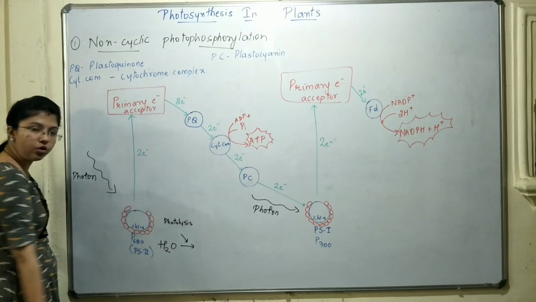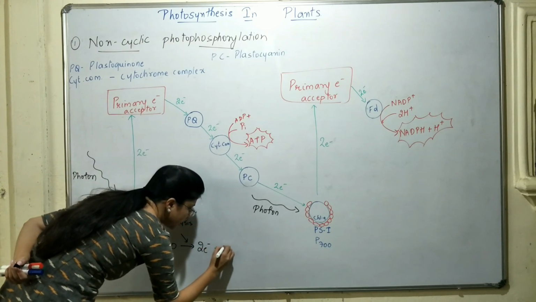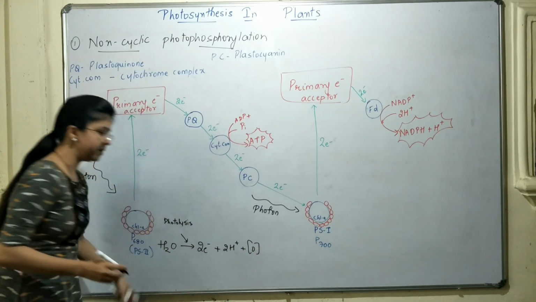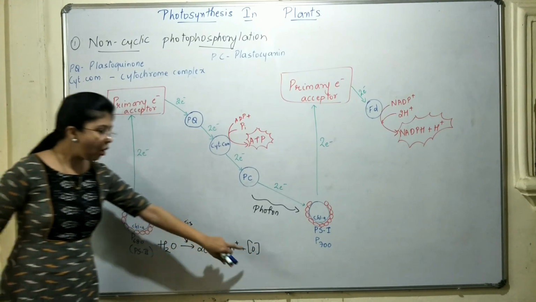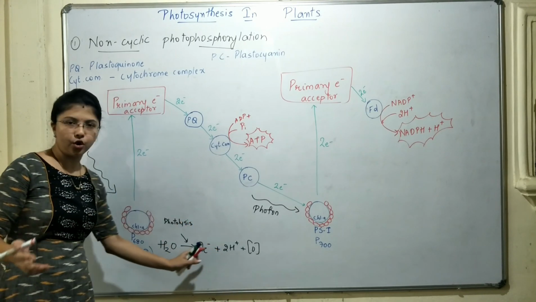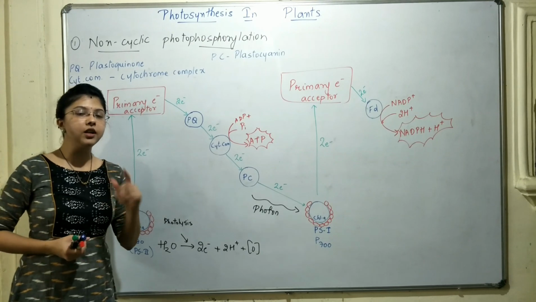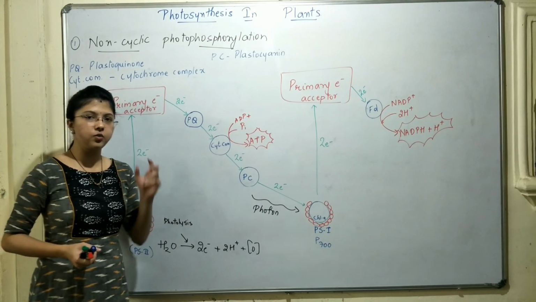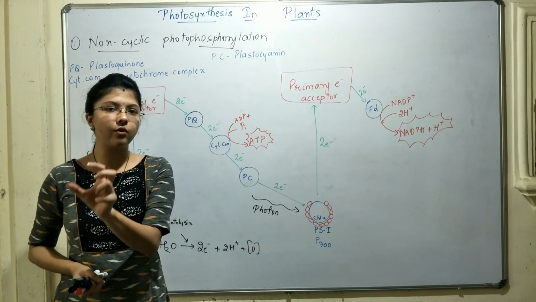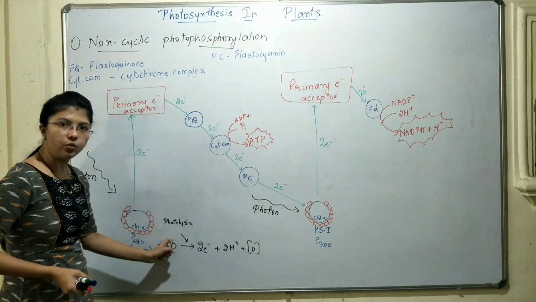It is a breakdown of water molecules to release two electrons, protons, and the oxygen molecule will be released, right? So this oxygen is a byproduct which is released during the process of splitting of water molecules. So the oxygen which is released during photosynthesis, when you write the reaction, CO2 plus water gives C6H12O6 plus O2. So that O2 is actually released from the water molecule.